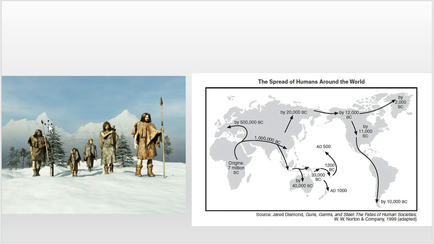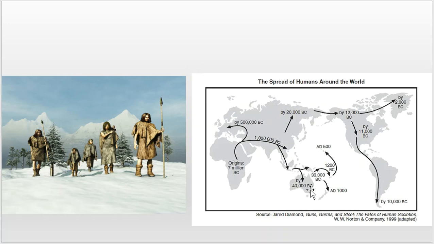So we have all these early humans in the Paleolithic era, and they are going to slowly spread throughout the whole world. First, they will originate in Africa, according to historians, and then they will spread out of Africa. They will go into parts of Asia and Europe.